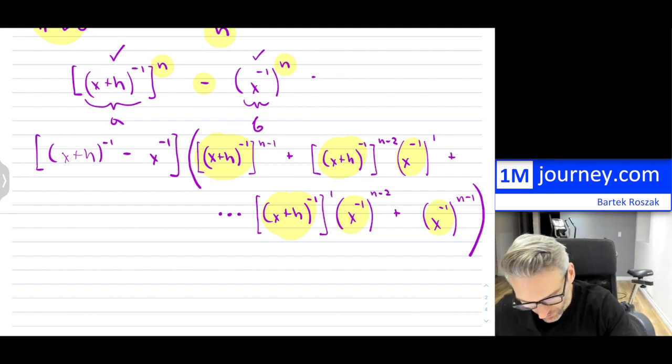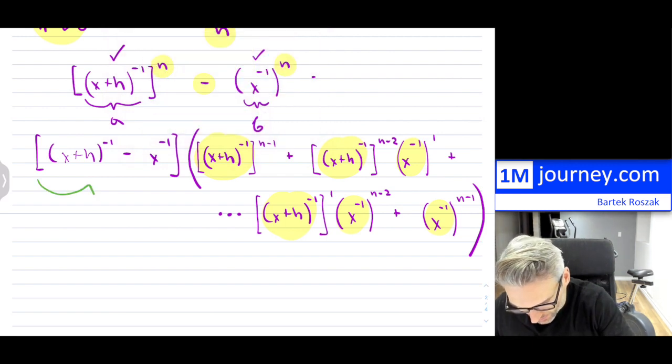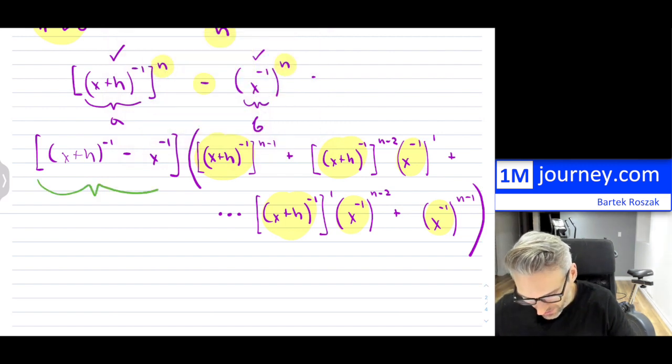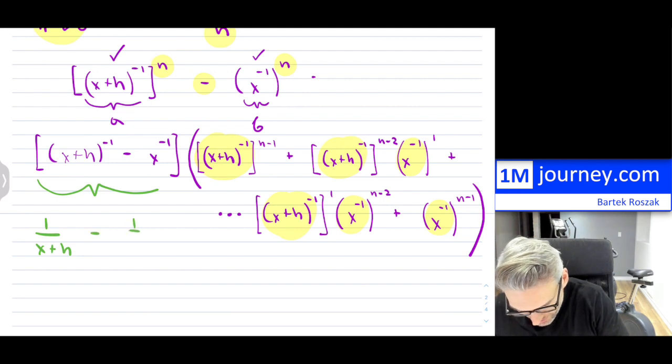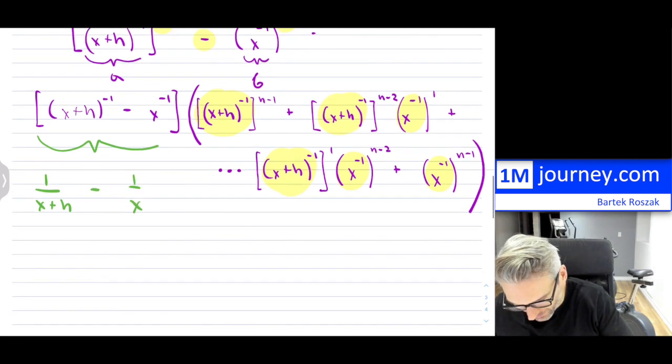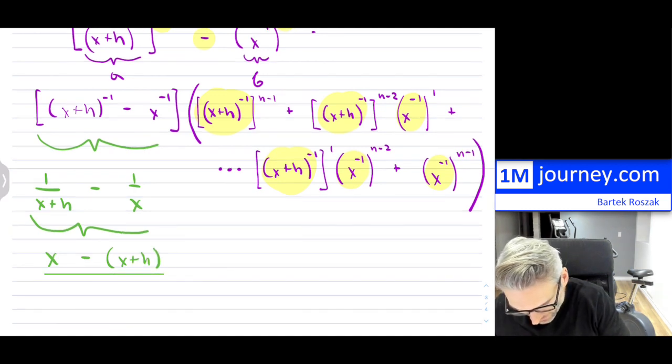Now, what is not as nice as the previous case is this. If I simplify this out, I'm going to write it out as numerators and denominators. So this is what this equals. If I simplify this, I'm finding a common denominator here, which is x plus h.